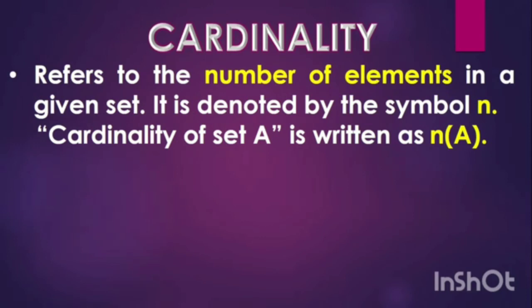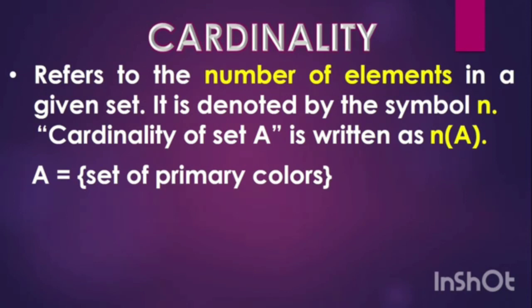Again, it must be small. How do we read this? Cardinality of set A. So it is written as small letter n and then the name of the set enclosed by parentheses. So this is an example.